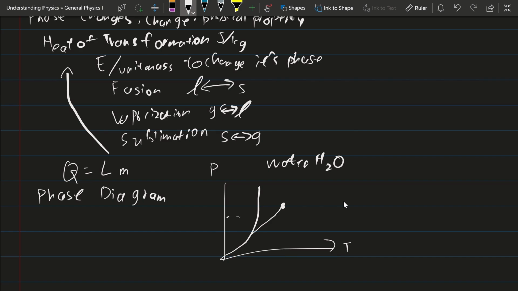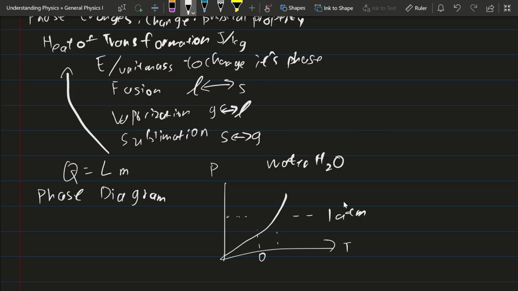In here, I will state this to be 1 atmosphere. And this is going from 0 to, let's say, oh sorry, I think I drew this wrong. It should be something like this.